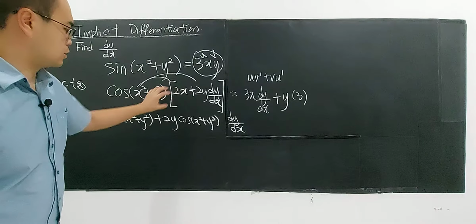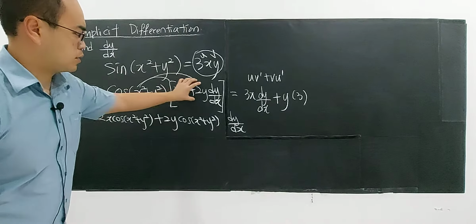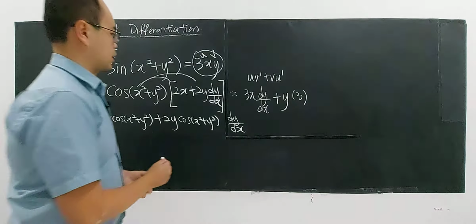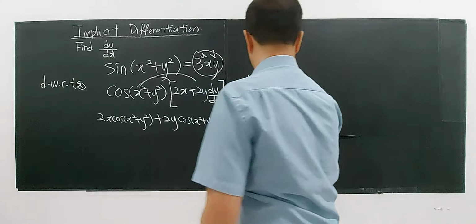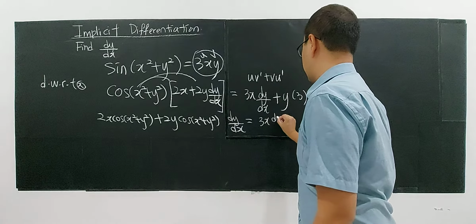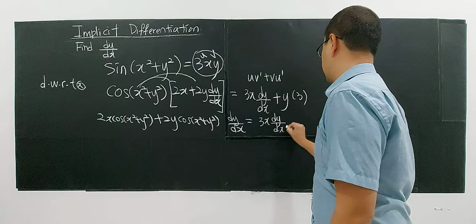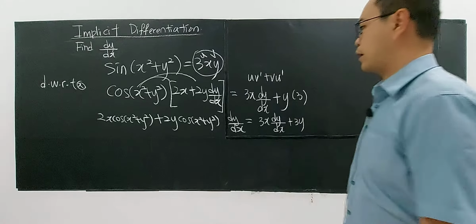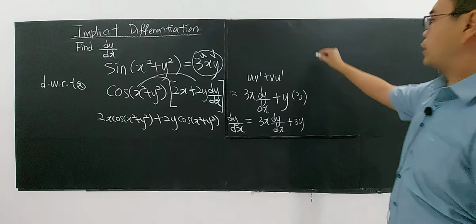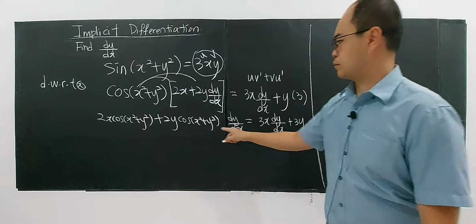So I expanded this one and expand this whole thing. So alright, now I have 3x dy/dx plus 3y.